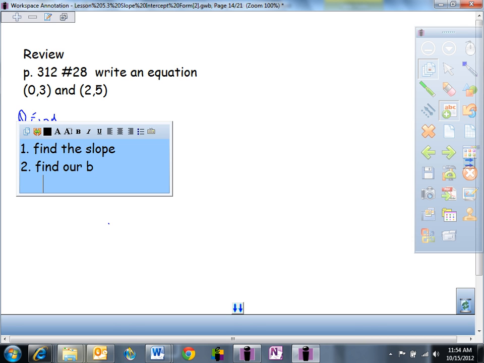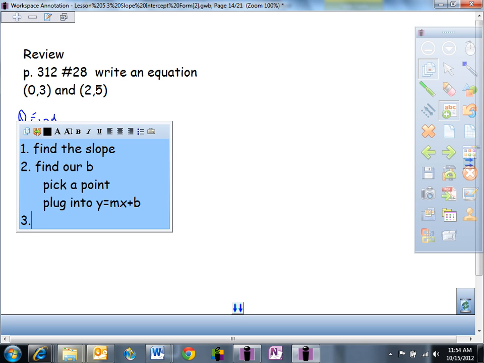So what we're going to do is pick a point, and then plug into y equals mx plus b. And then step 3, we're going to fill in the values. So let's try it.